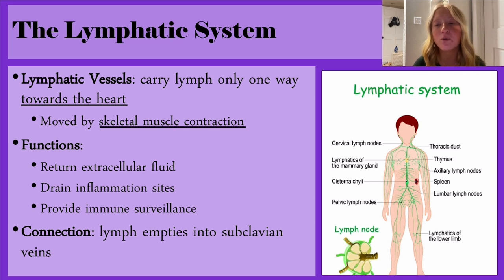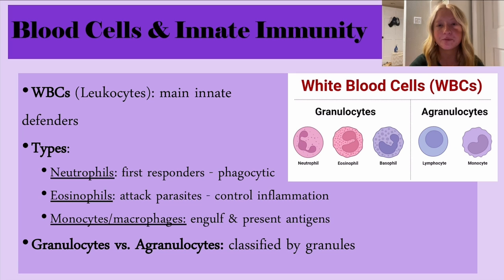The system's main roles are to return extracellular fluid to the bloodstream, to drain inflammatory sites, and to provide immune surveillance through lymphocytes and macrophages in lymph nodes. This is closely tied to the circulatory system since lymph will re-enter the blood through the subclavian veins, and its dual role supports fluid balance and immune defense.